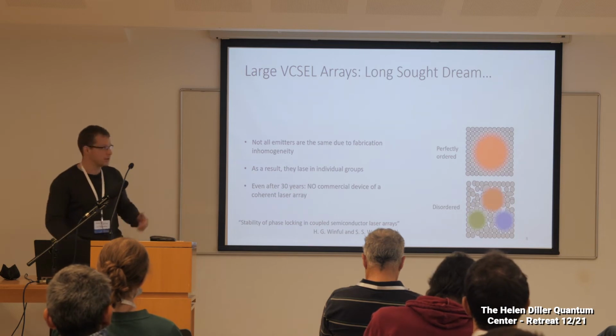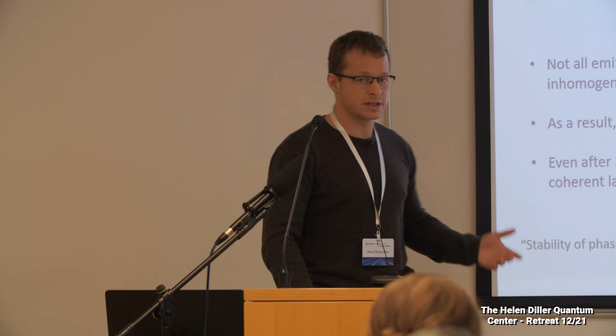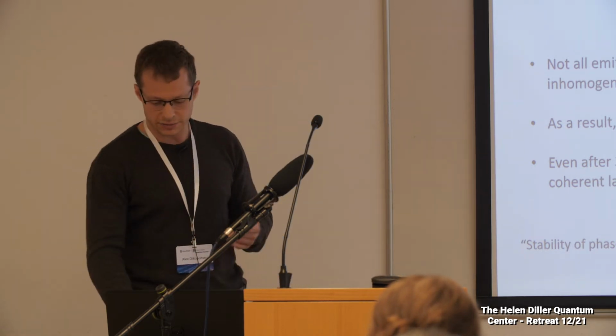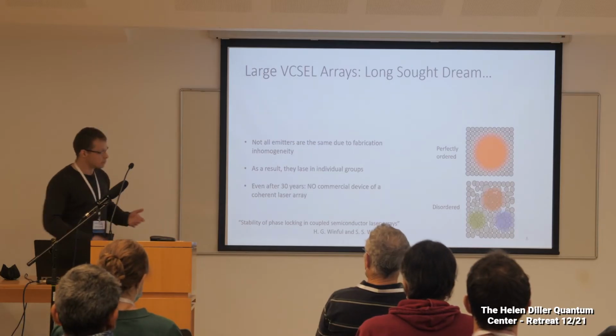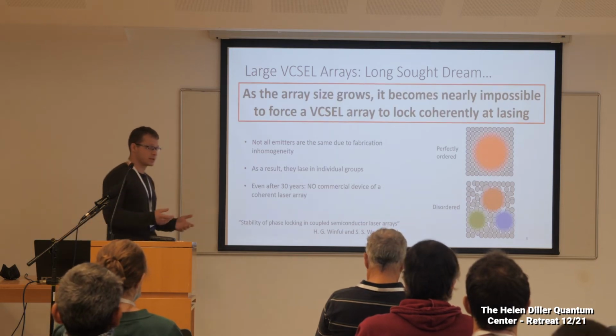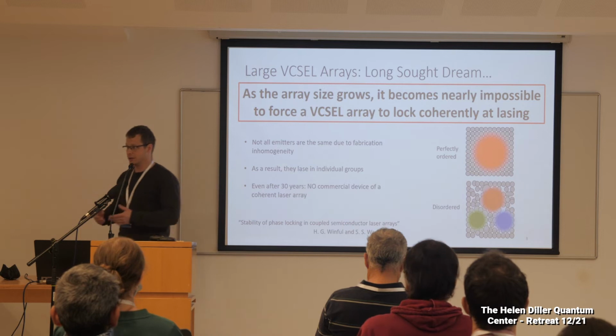But the problem is that inevitable imperfections and defects in the system would cause localized modes to appear, lasing independently at different frequencies, and therefore the device will be incoherent. Worse, as the array size grows, the coherence will decrease even more.